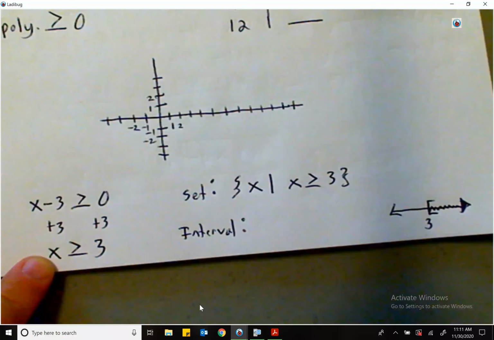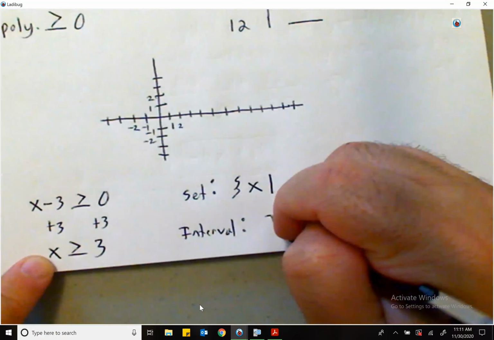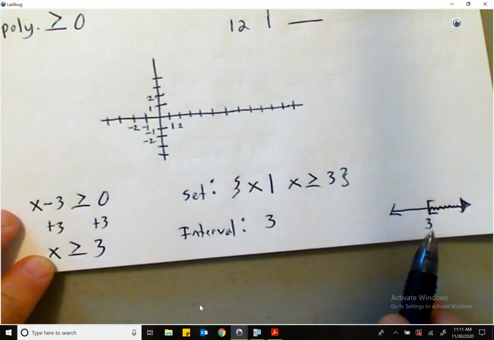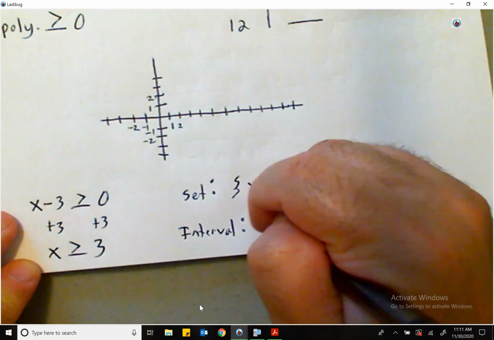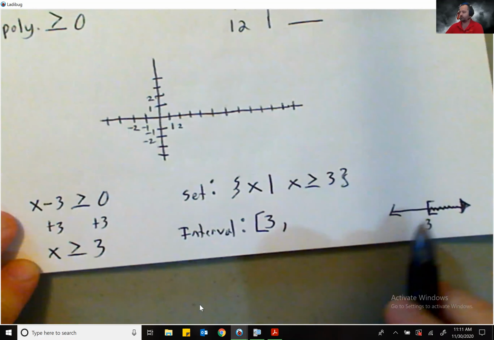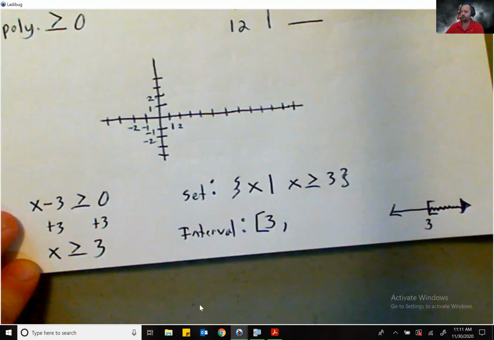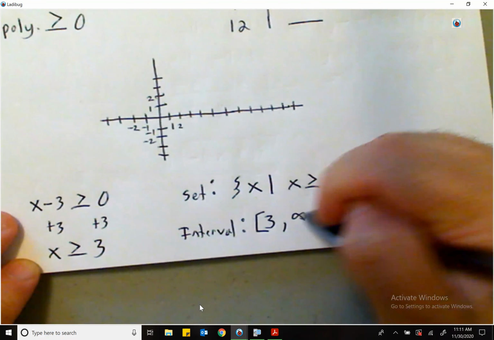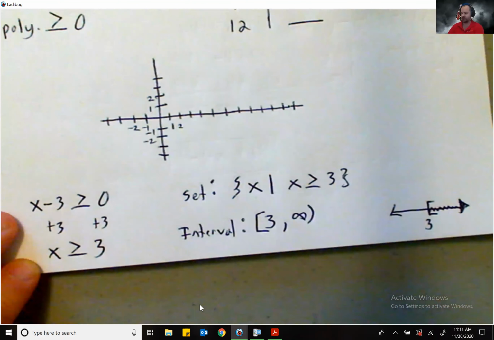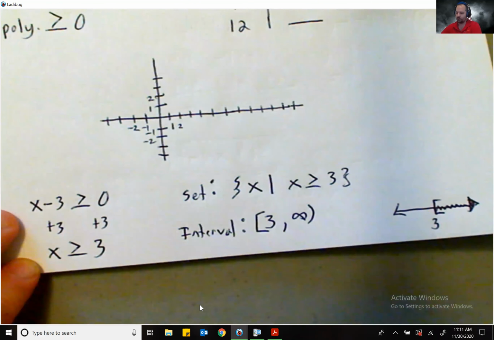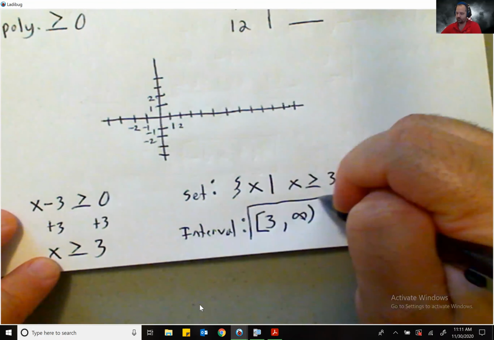At 3. Bracket or parenthesis? Bracket. And where does it go? To positive infinity. And there's your interval. So there's the first part. We found the domain.